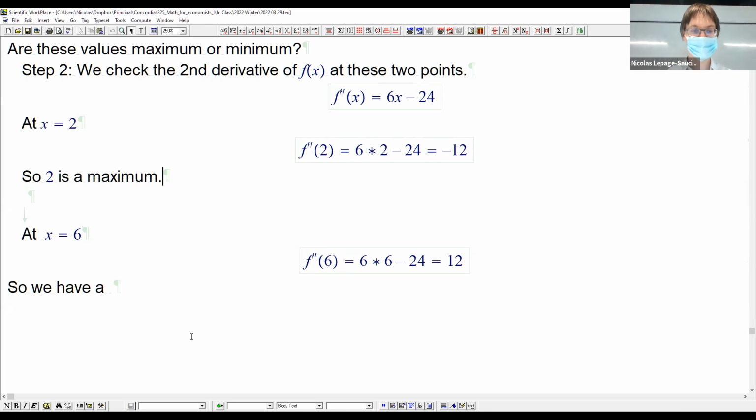Yes, min. Six is a minimum. Why? Because I know that the first derivative at 6 equals 0, and its second derivative is positive. So it means that the function there looks like this. And here at 6, I have the first derivative, which is 0, and the second derivative is positive because my slope is increasing, increasing, increasing. So I know that this function has to be a minimum.